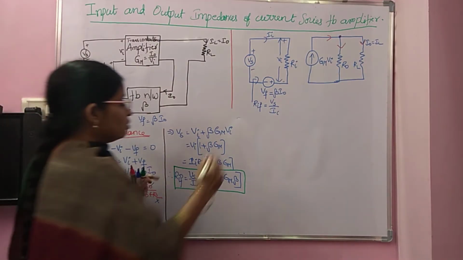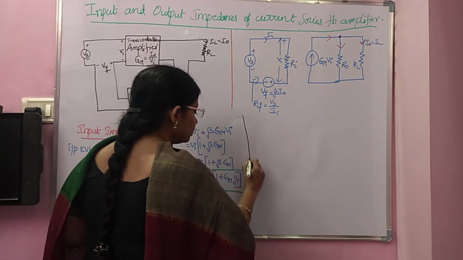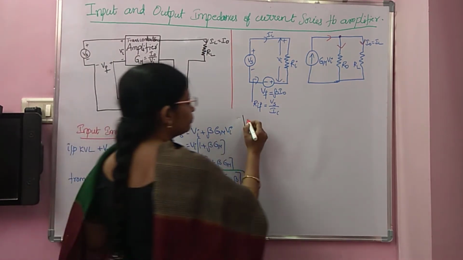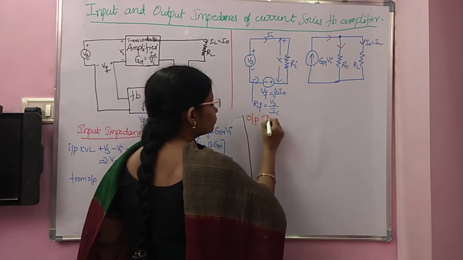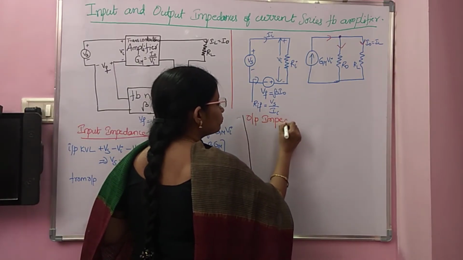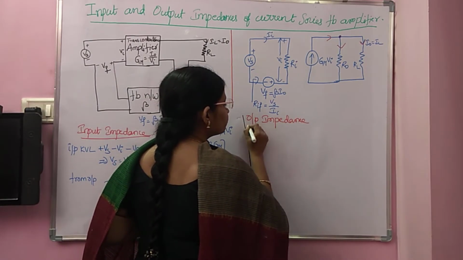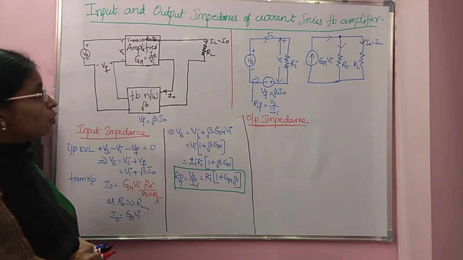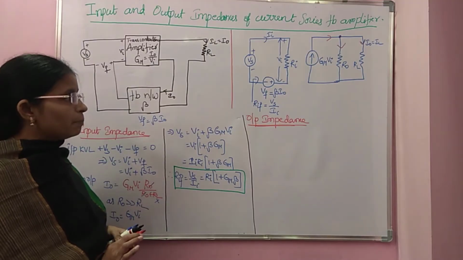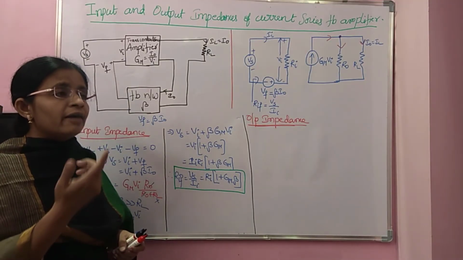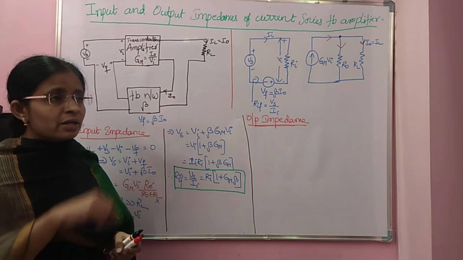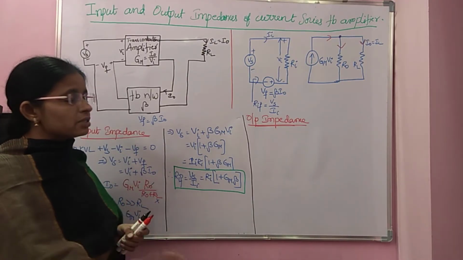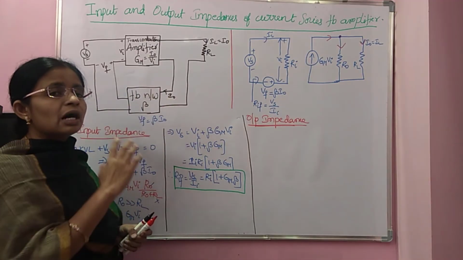Now, let me find the output impedance. For this output impedance, remember one point. While finding the input impedance, you must start with the input circuit. While finding the output impedance, you must start the derivation with the output circuit.